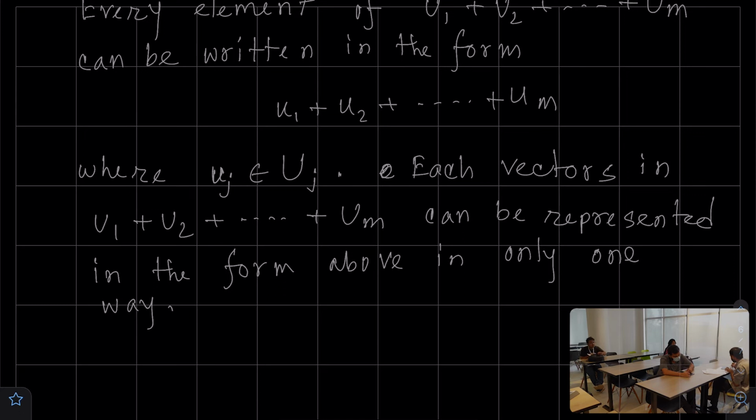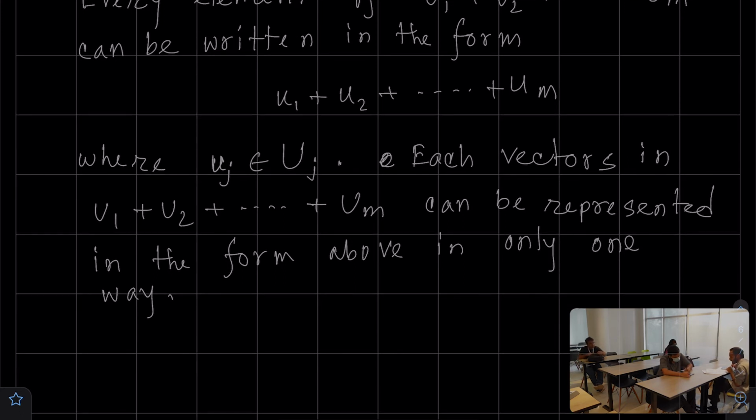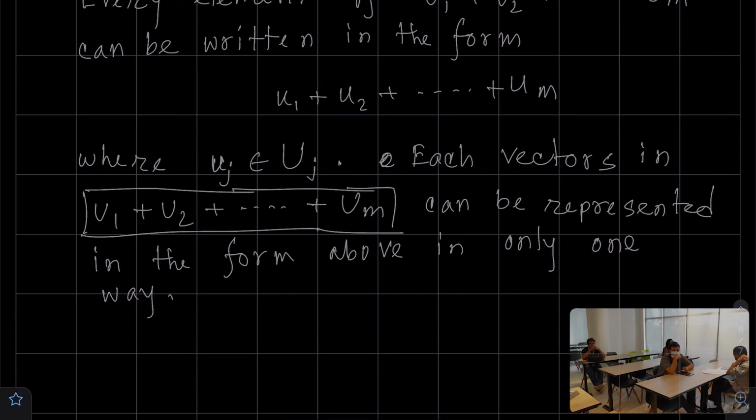This situation is so important that it has a special name. It is called the direct sum, and we're going to define the direct sum now. What was said a few moments ago is that this representation is not unique; it is possible to express these vectors in a different way.